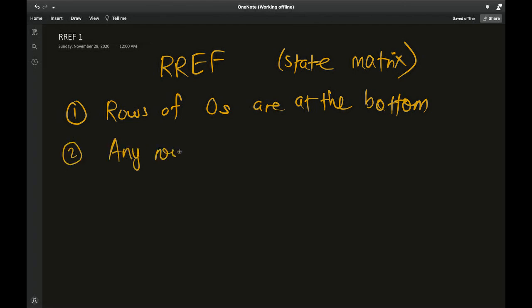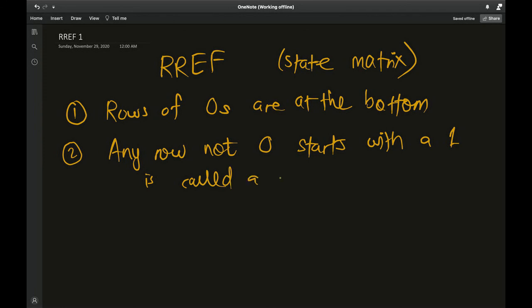Any row that is not zero starts with a 1 and that is called a pivot.